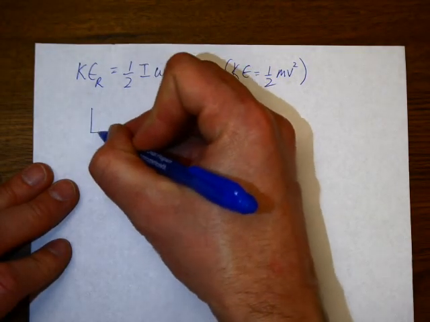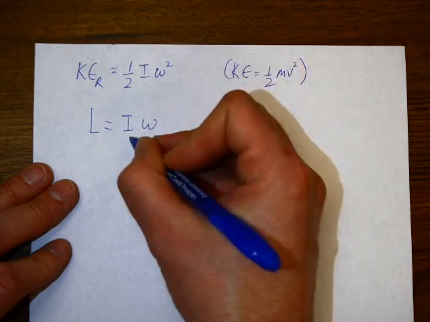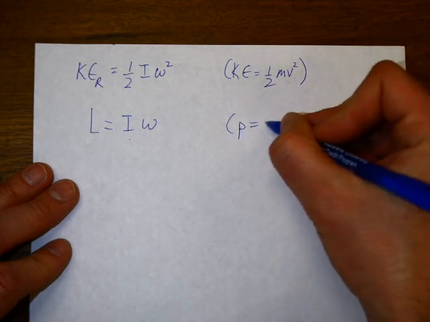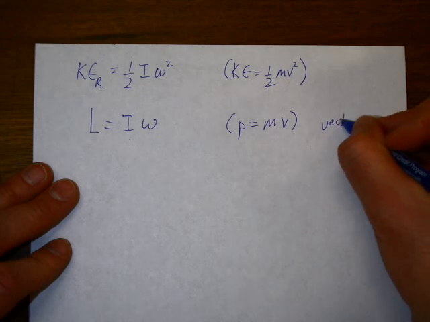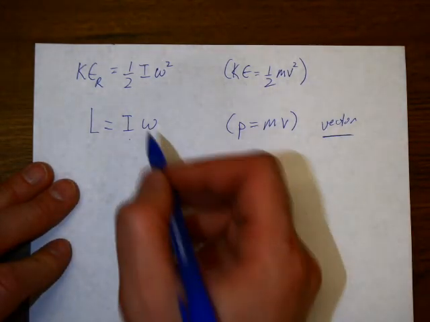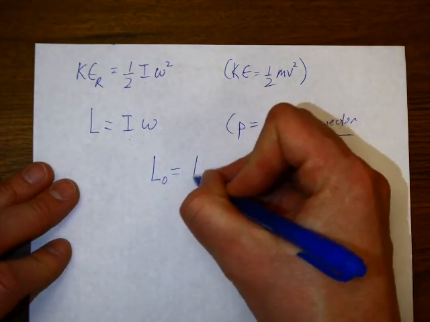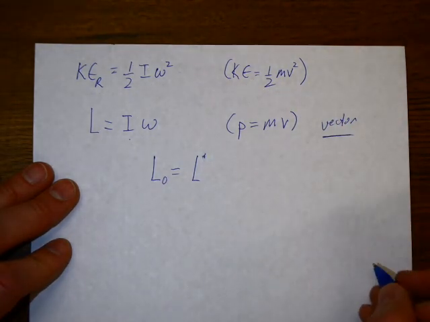The last thing then we said is what we've done most recently, that angular momentum is moment of inertia times rotational speed, much like linear momentum is mass times velocity. This is a vector, so the direction matters for both of those guys. And the big idea for momentum was the angular momentum in the beginning equals the angular momentum at the end. A little bit of fine print.